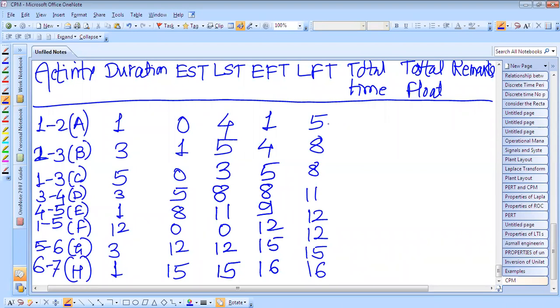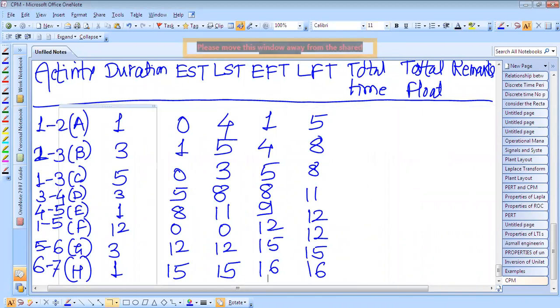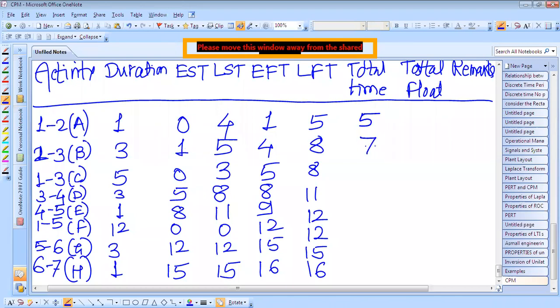So LFT is here 5 minus EST, that is 0. So here it is 5. LFT minus EST, that is 7. LFT minus EST, that is 8. LFT minus 5, 6.